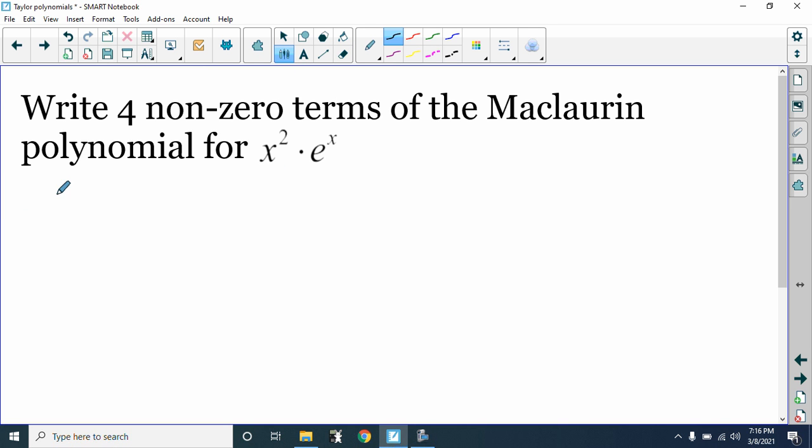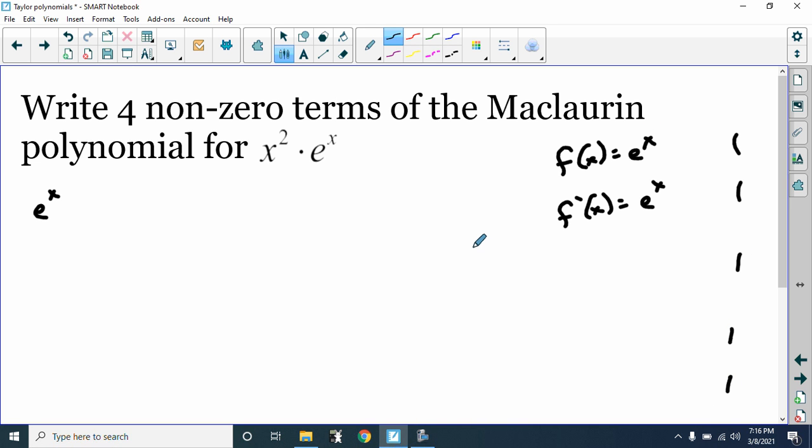Last class we wrote down the Taylor polynomial for e to the x. You found it and then we verified it. If f of x is e to the x, all the derivatives, the first derivative, the second derivative, the third derivative, they're all e to the x. And if I plug in 0, I get 1. So all the derivatives at x equals 0 are equal to 1.